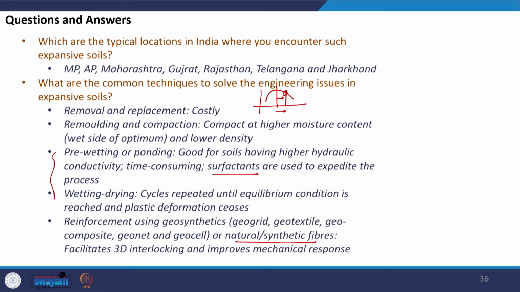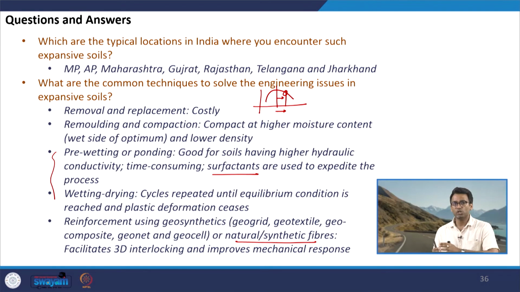So, it acts like a binding agent, or it holds the soil particles together so that the movement of soil can be minimized. We can also use natural or synthetic fibers other than geosynthetics. These fibers, which are of smaller sizes, again are a form of physical interaction where they facilitate 3D interlocking between the soil particles, and it improves the mechanical response of the material to any given loading condition.